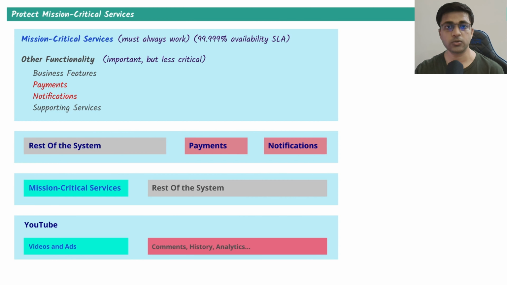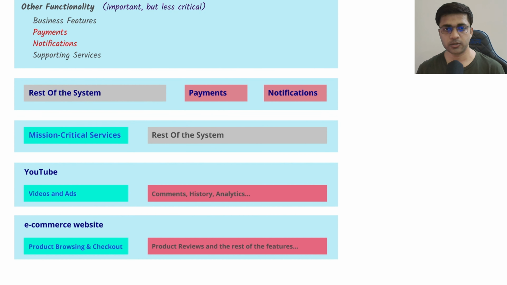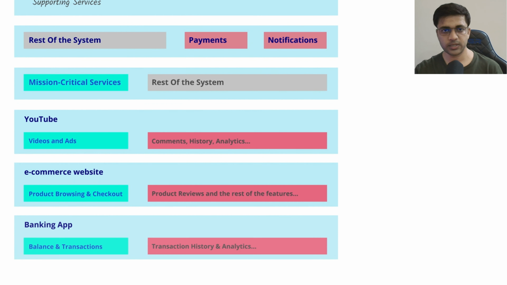The comments area is also important, but YouTube mainly earns from videos and ads. Think of an e-commerce website. You can still browse products and complete your payments, but the product reviews section fails to load. Imagine a banking app. You can check your balance and do transactions, but the transaction history and some other analytics features are temporarily down. Isolating mission critical services in high availability systems, that's a primary use case of bulkhead pattern.